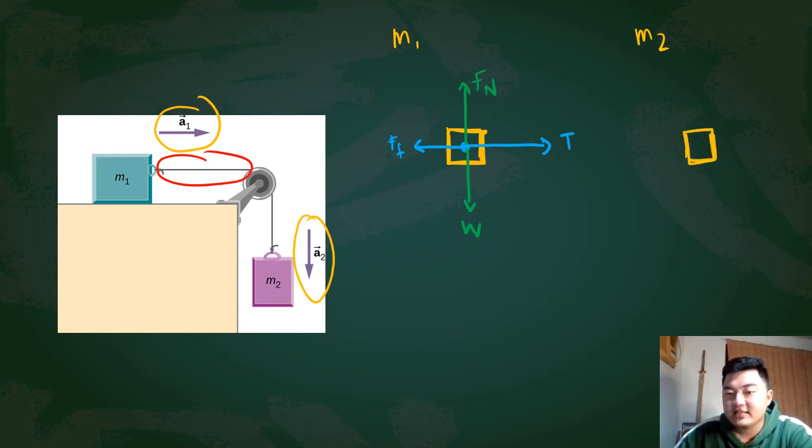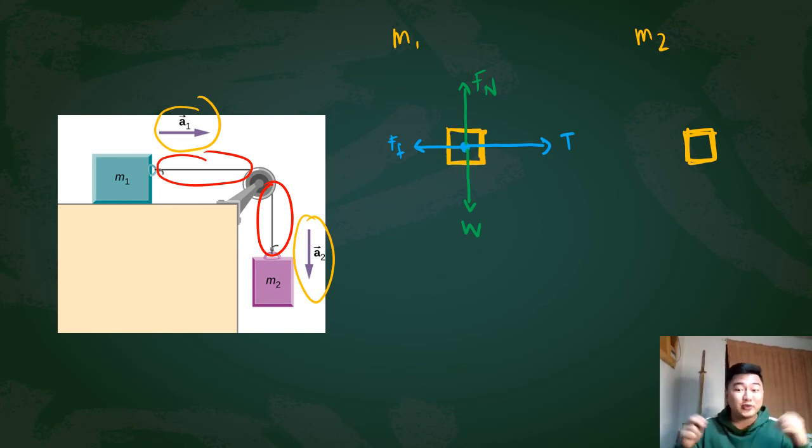So if this is our second mass, what are the forces acting on that object? You have the rope here that's pulling the mass upward. Of course, ropes only pull.